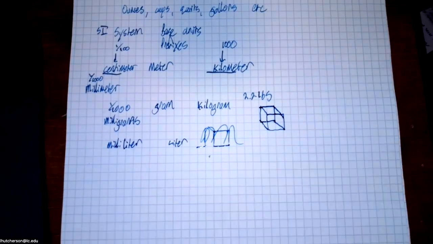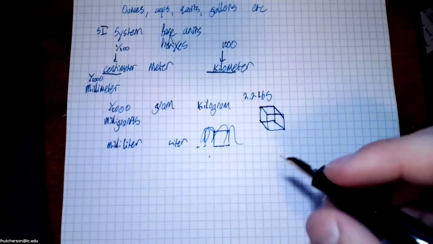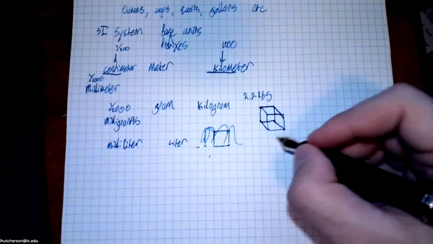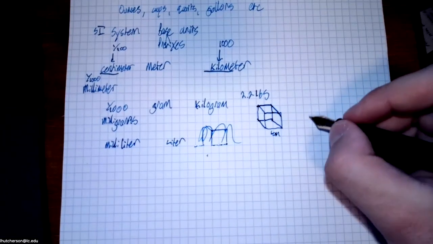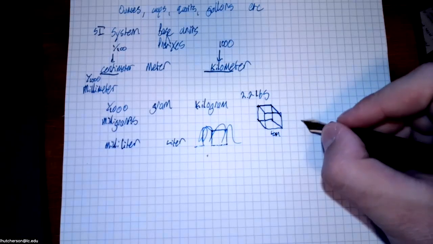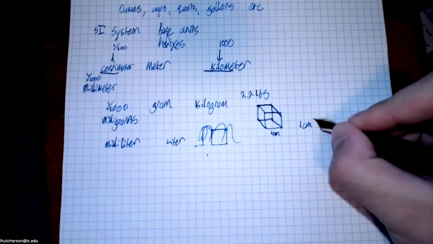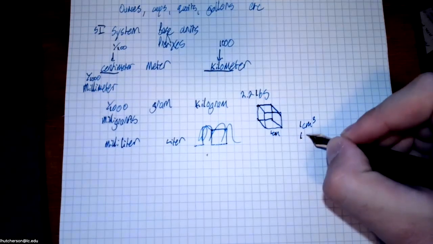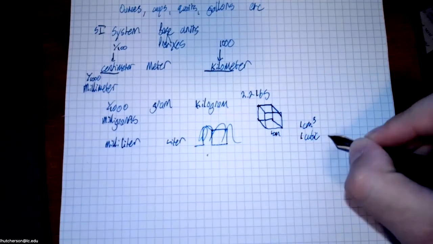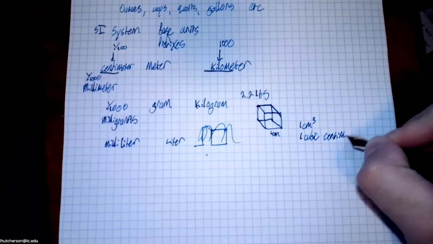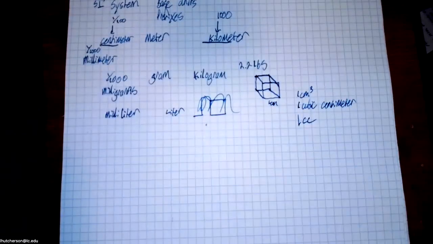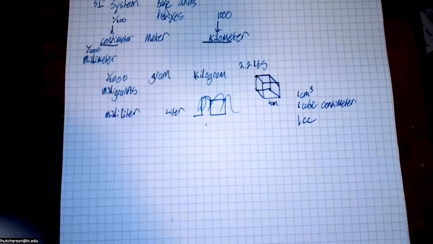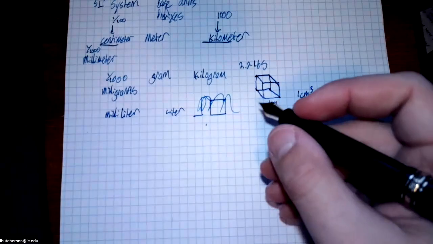All right, I think I got that. 1 milliliter is a cube that is 1 centimeter on each side, which means that 1 milliliter is one cm cubed, or 1 cubic centimeter, or 1 cc, which is an abbreviation you will see quite often. cc's and milliliters are interchangeable. They are one and the same.